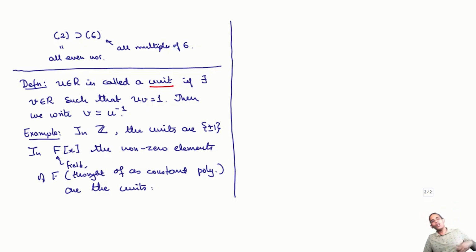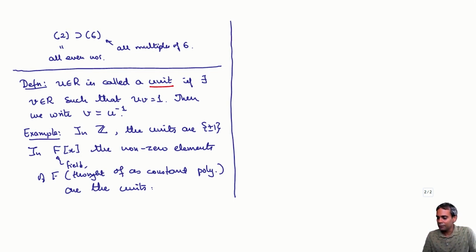Because if you have a non-constant polynomial, that means its degree is going to be at least 1, and when you multiply two polynomials, the degrees add. So there's no way you can multiply two polynomials of degree greater than 0 to get the constant function 1, which is the multiplicative unit of the ring of polynomials. So every unit has to be a constant polynomial, and then among those, it's obvious that the units are in fact the non-zero constant polynomials.